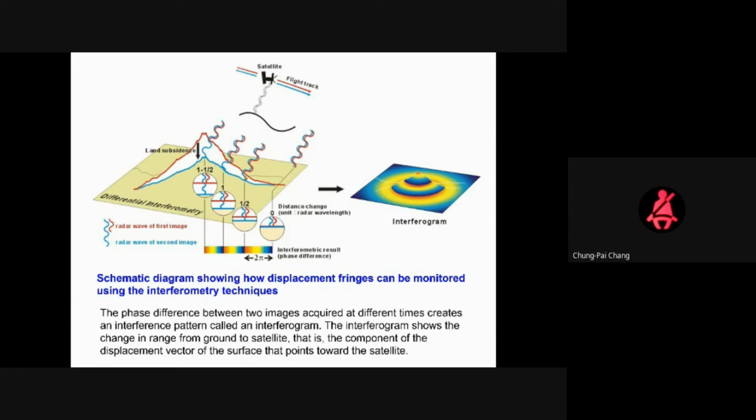And if the subsidence is a half wavelength, then because it's a go and a return signal, the satellite received the return signal, so the phase change is already one wavelength. Only half wavelength of subsidence can generate one phase change, I mean 2π of phase change.